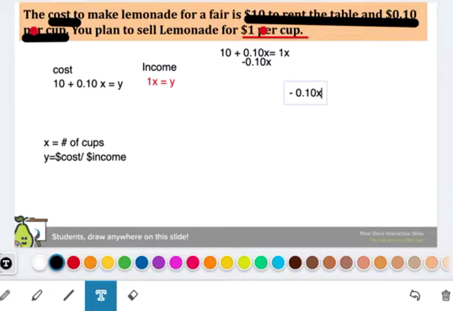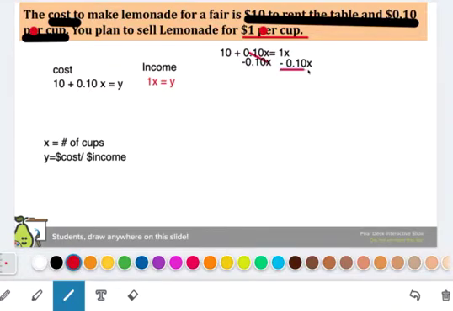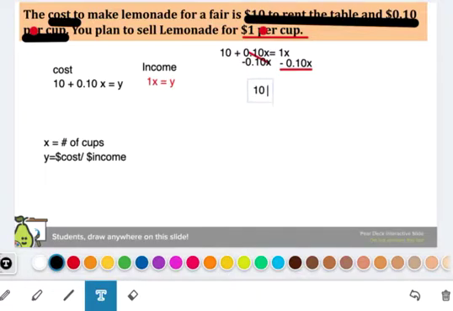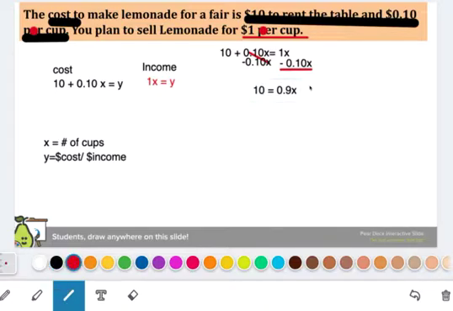If you use a calculator here, you bring down this 10 right there, and bring down the equal, and if you subtract 1 minus 0.1, you get 0.9x.